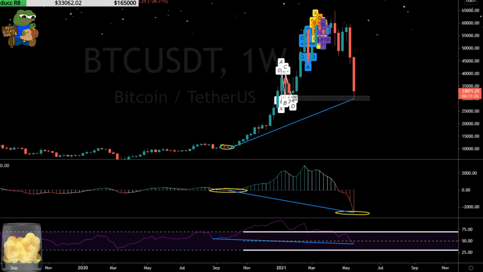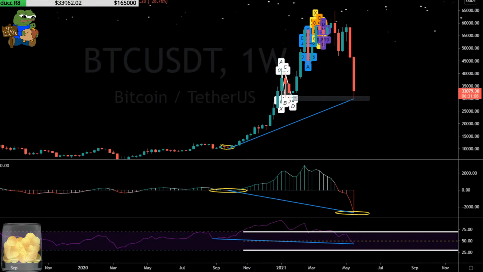So we'll have to just see. Yeah, so 32.5 hit. Price is now holding above that level. We're at 33.